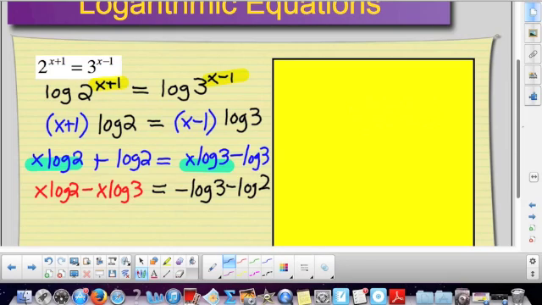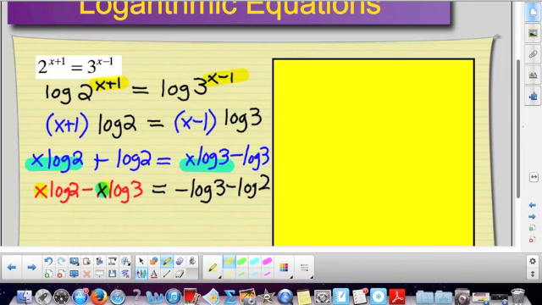Now you see subtraction, so you're going to be tempted right away to apply my subtraction rule and change them into products, but we don't want to do that because we have an x in this term and an x in this term.